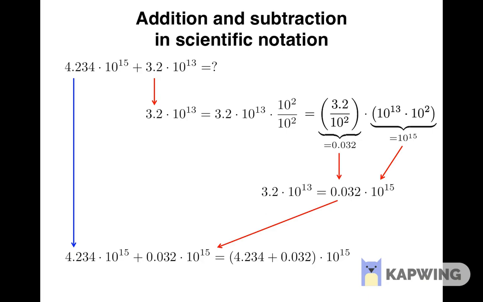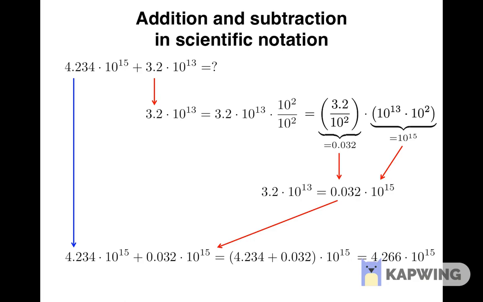And to do this, we just add the numbers that are in front of the powers of 10 and keep the powers of 10 the same. 4.234 times 10 to the 15th power plus 0.032 times 10 to the 15th power is 4.234 plus 0.032 times 10 to the 15th power. And that is equal to 4.266 times 10 to the 15th power.